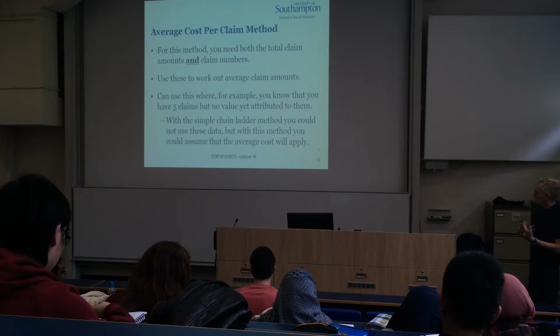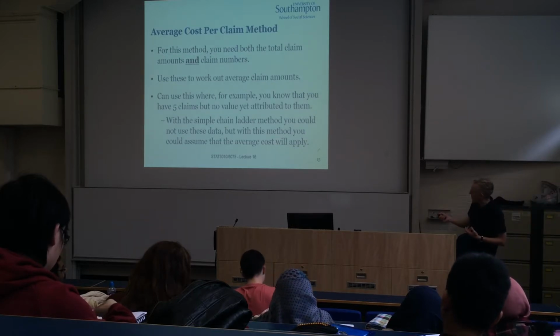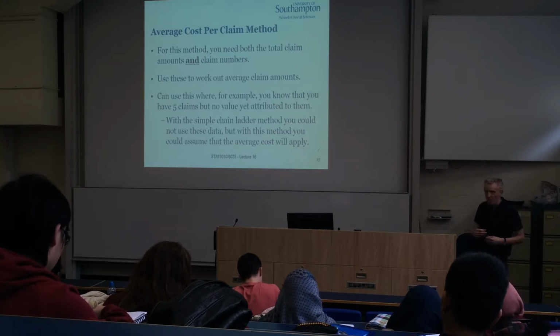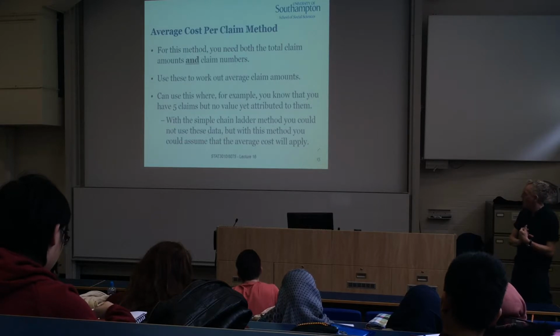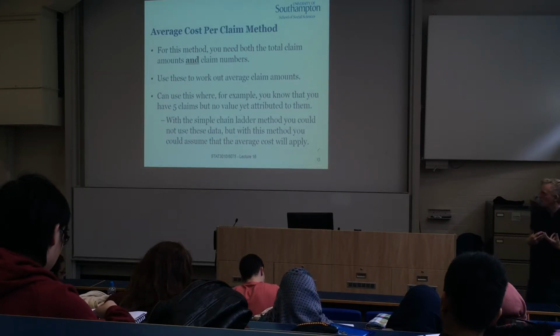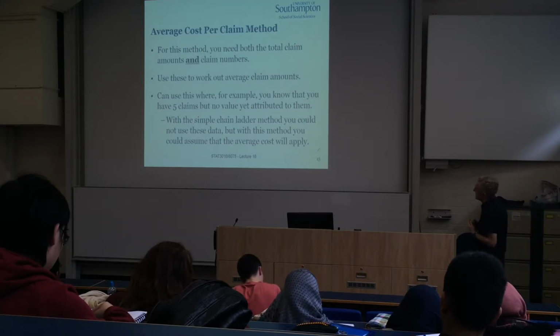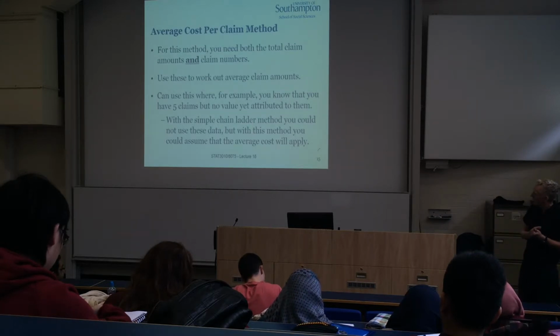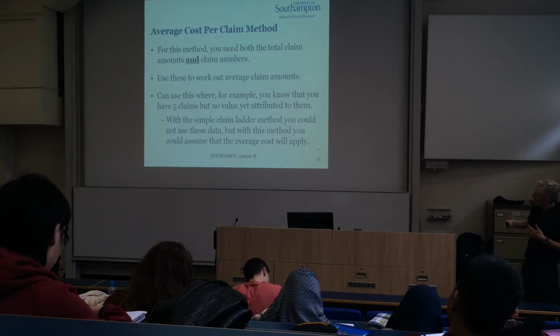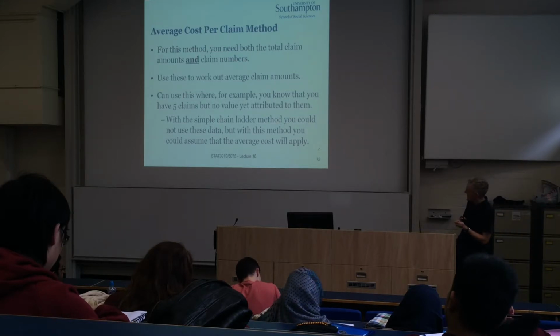So you can use this by, for example, as it says here, if you've got 5 claims, you know you're going to get some claims, 5 claims, you don't know what the payment amounts are, you can perhaps, from the historical data, project some kind of average amount that the claim would be for those 5 claims. So this is sometimes a useful method to take into account those particular situations.